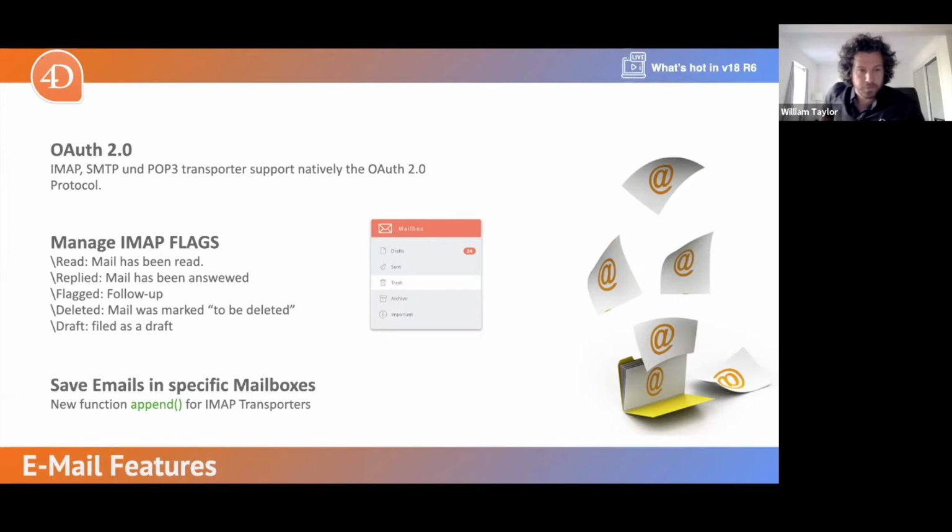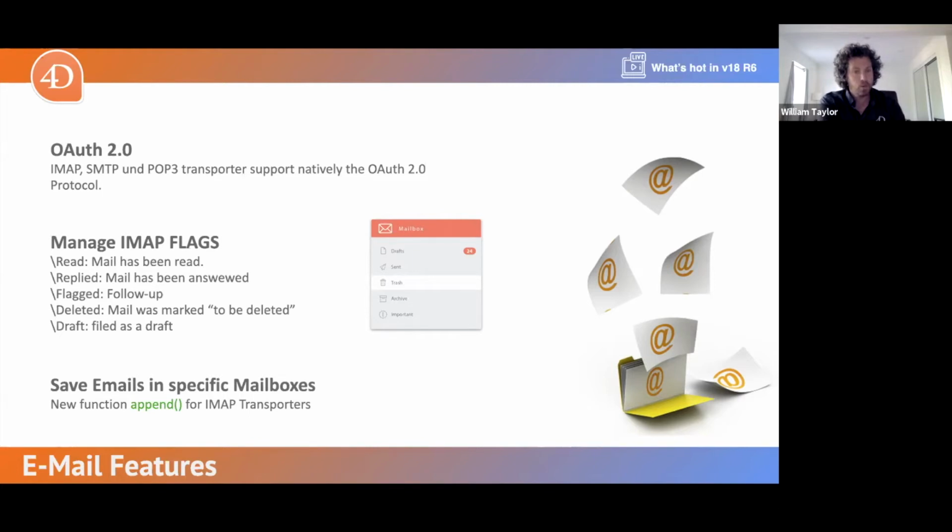Another really cool feature is the ability to save emails into specific mailboxes. When you're using Apple Mail or Outlook, when you send an email, you put the email in the sent email box, right? Well, that's not a standard SMTP thing. That's an email client feature that's implemented using that.